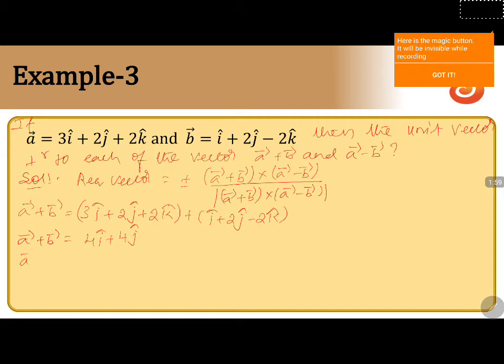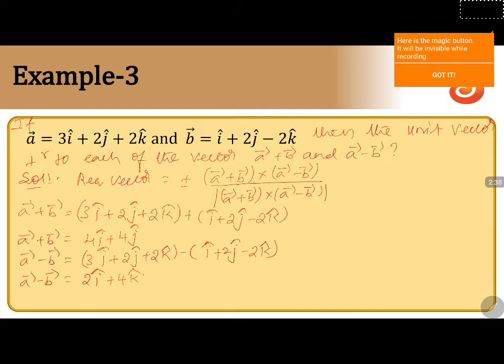Similarly, we will calculate A vector minus B vector, that is 3i cap plus 2j cap plus 2k cap minus i plus 2j minus 2k. A minus B is equal to 3i minus i, which becomes 2i, while 2j and 2j get cancelled. We will get 4k cap.